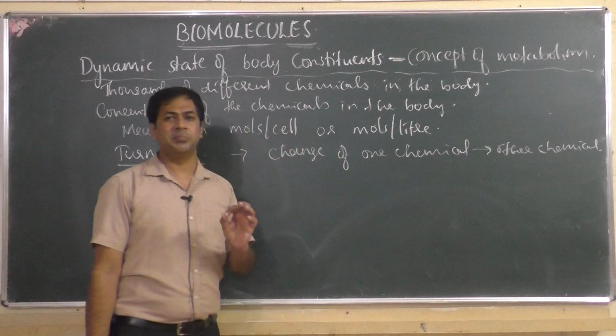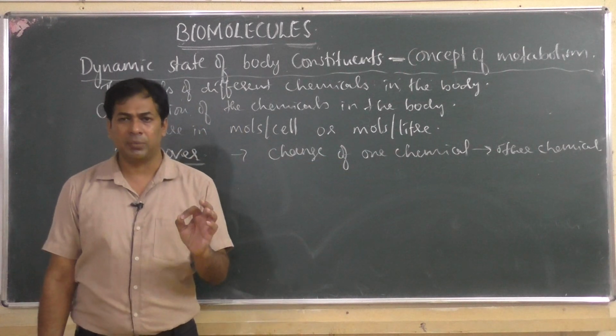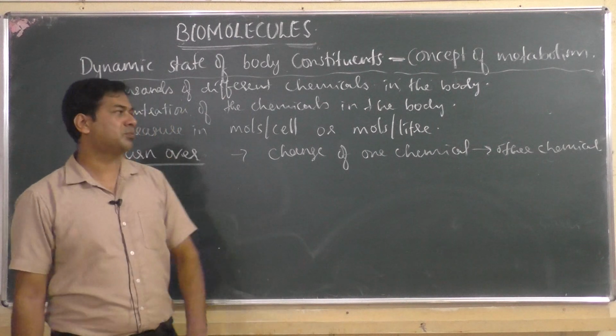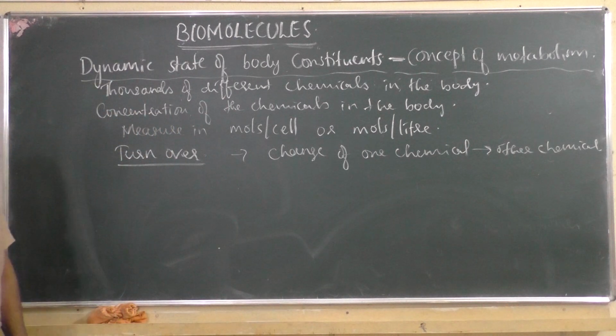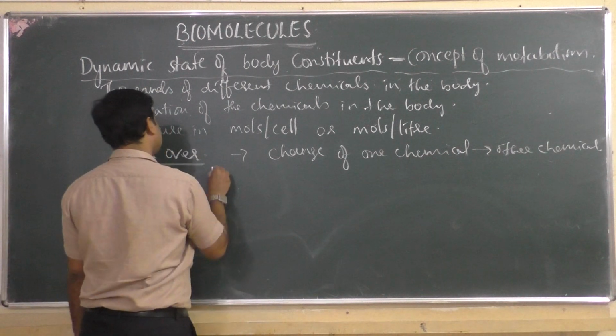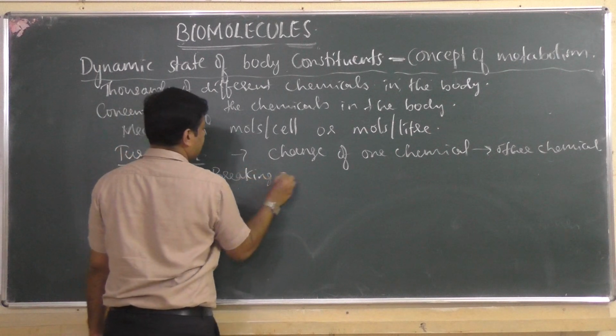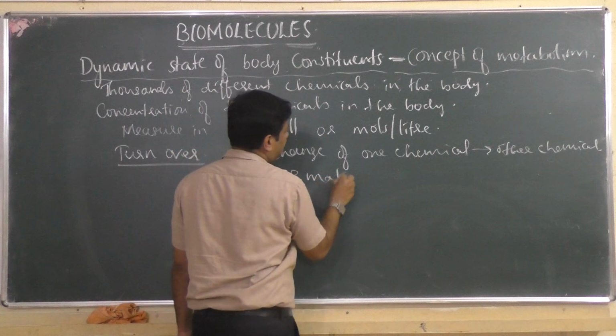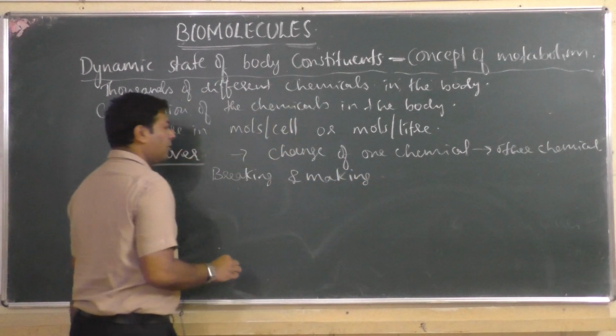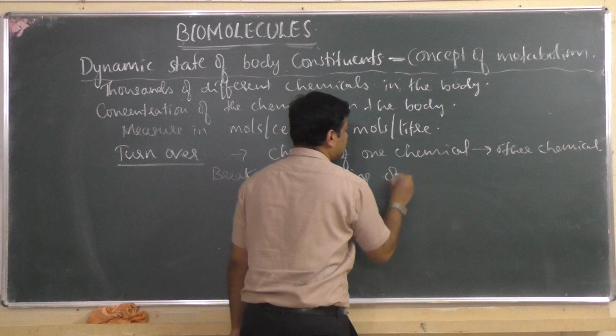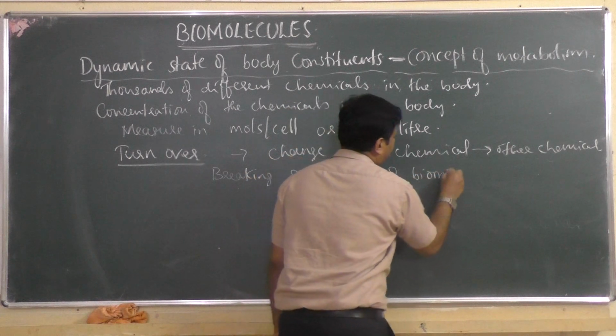That means, in simple terms, one biomolecule transforms to produce another biomolecule. So always this process will be going on, that is breaking and making. In simple terms, breaking and making of biomolecules in our body happens continuously.